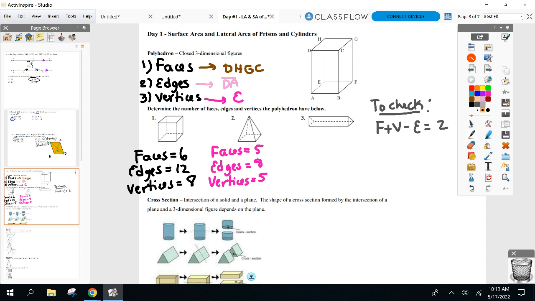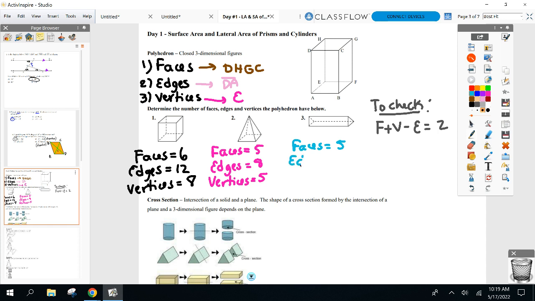All right, 3, faces. How many faces on this one? Anybody know what you call this one? It's a triangular prism. Today's topic.